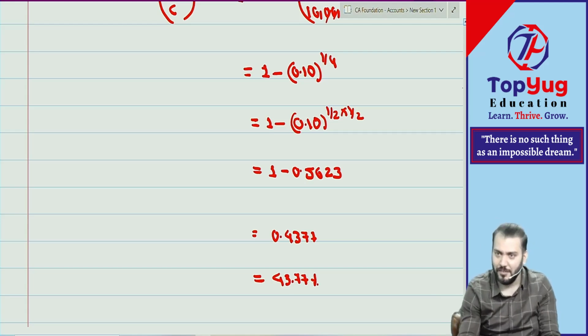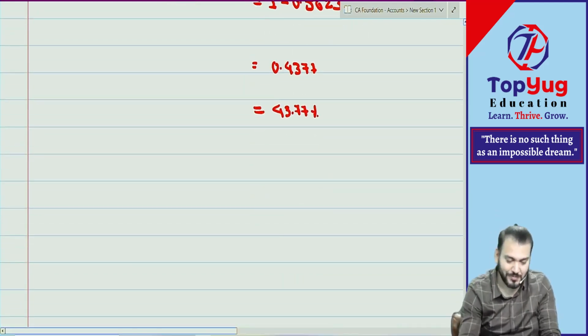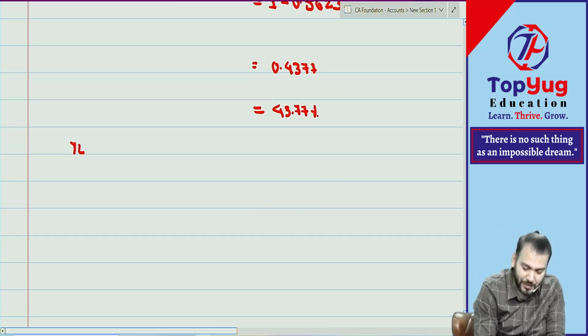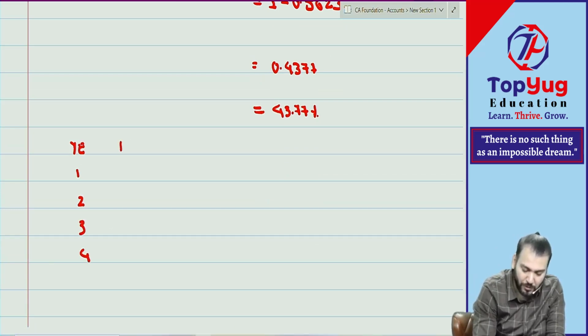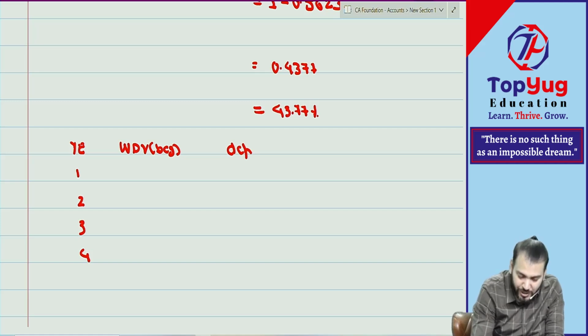Apply. I will apply. You will apply. So we will apply. Year end 1, 2, 3, 4. First we write WDV at beginning. Then what? Depreciation. Then what? WDV at end. Okay. First is what? 10 lakh.